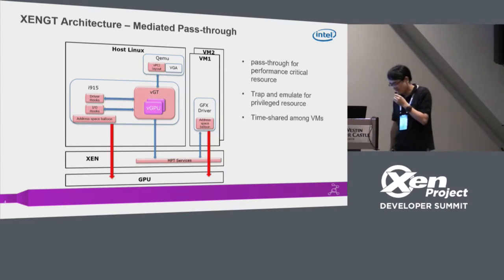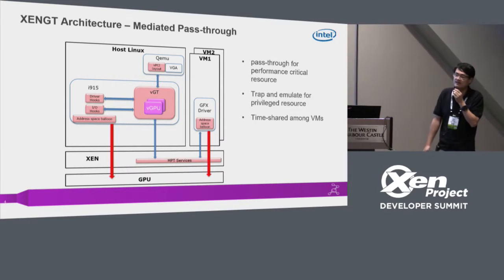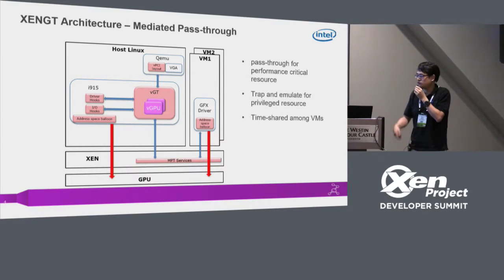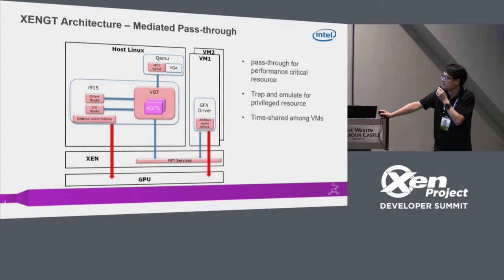XenGT, or GVT-g, is our solution to provide GPU virtualization capabilities on Intel processors. This is the XenGT architecture. It is a mediated pass-through solution.